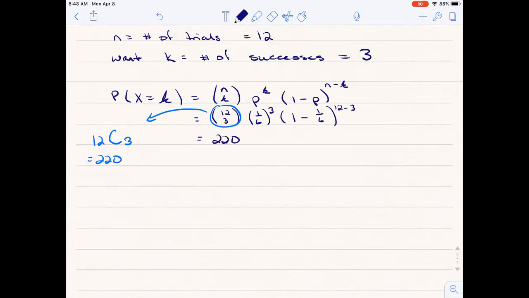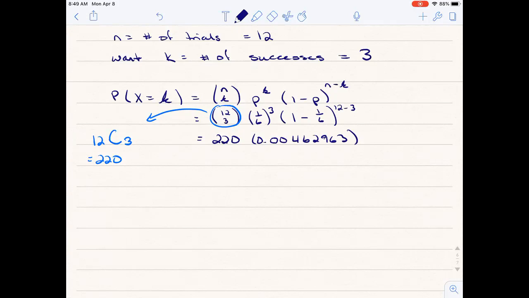So 220, and then 1 divided by 6 to the power of 3. I get 0.00462963. And at this point, as long as you're keeping all 9 decimal places, you're okay.